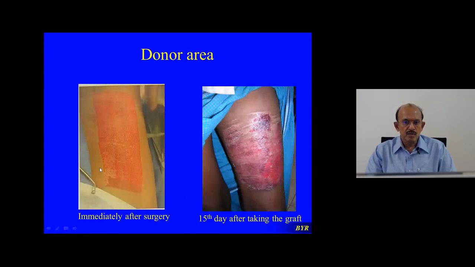So this is a graft taken from this area. It looks like this immediately after surgery. Then on the 15th day after taking the graft, you can see it is all epithelialized. Here, a little bit thicker skin has been taken. That is why it is taking more time to heal. So the donor site heals by re-epithelialization.